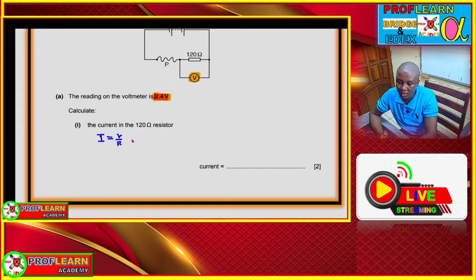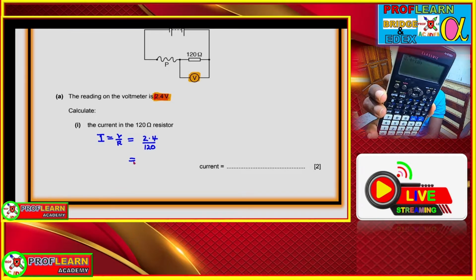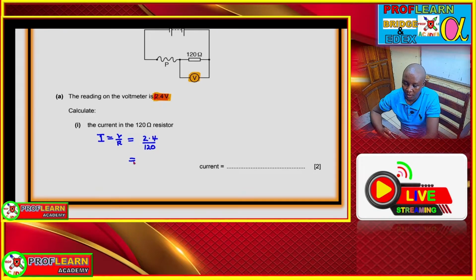Since we know that current is voltage over resistance, then we can say voltage is 2.4 and resistance is 120. If you work it out, this is 2.4 divided by 120. If you work it out, you're going to get 0.02 there. So we can write it down, 0.02 amperes.